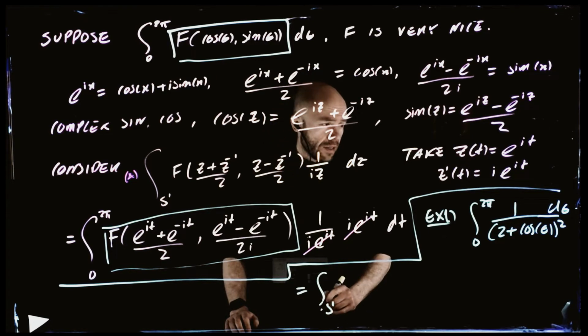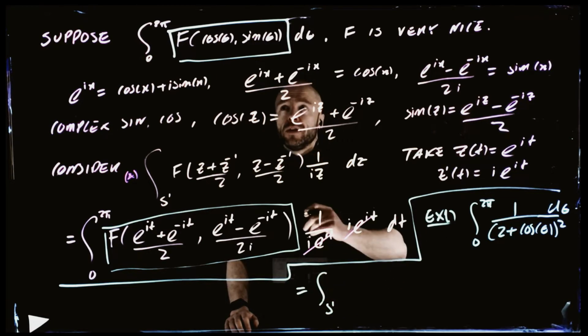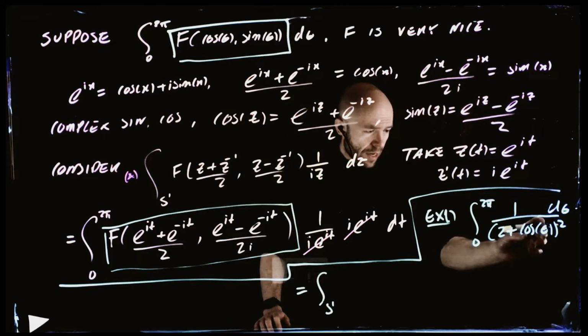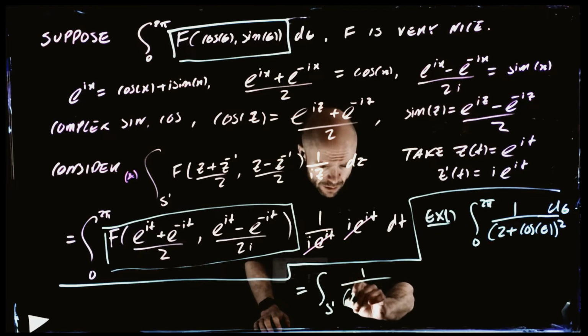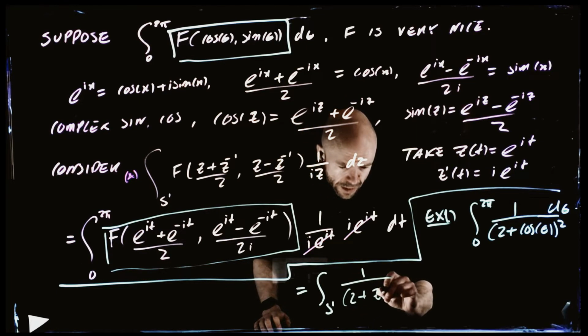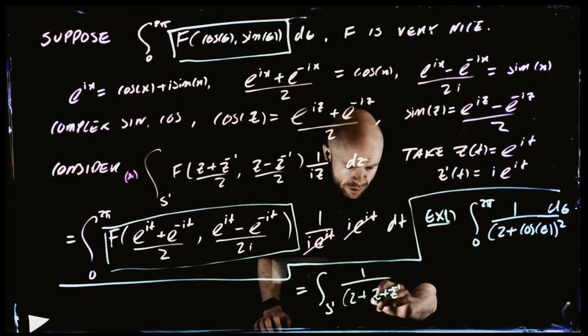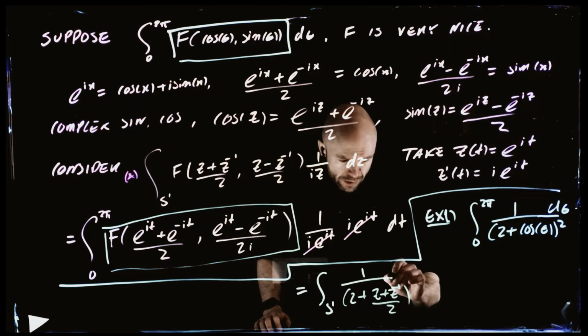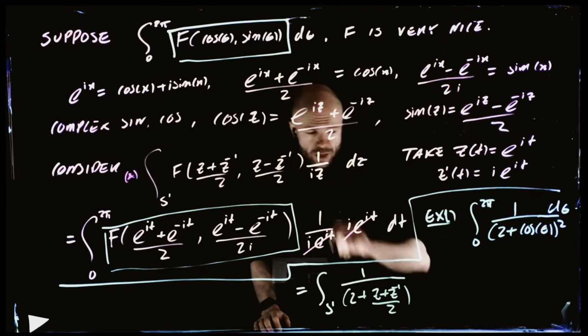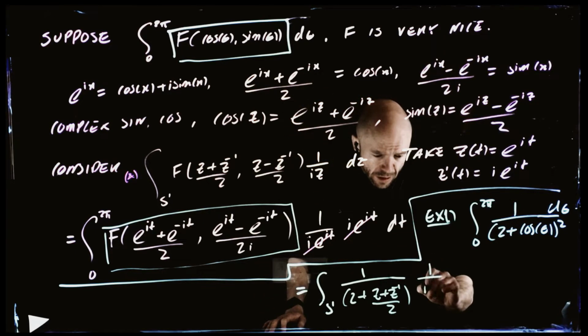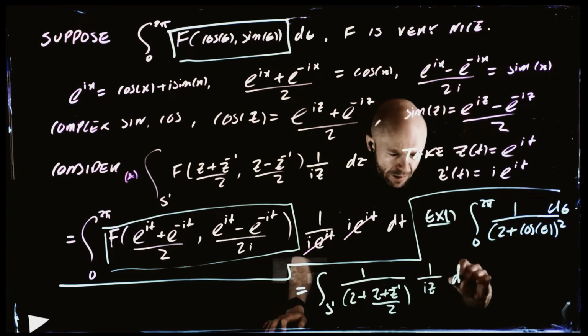Okay, so what is our f? Our f is just this guy. So this cosine of theta, we're going to replace by (z plus z to the minus 1) over 2, like this. And then we have to add this term over here, 1 over iz, and then now we get this.